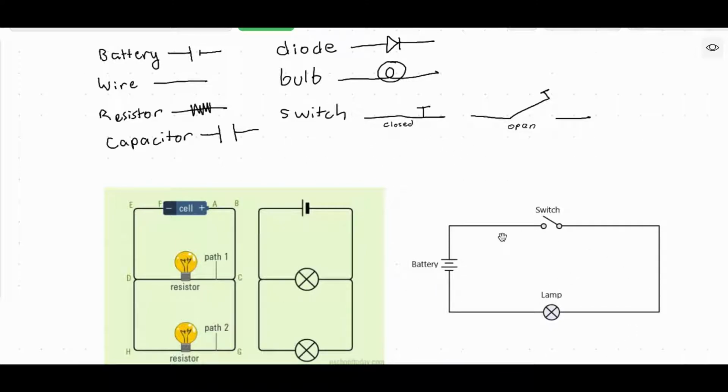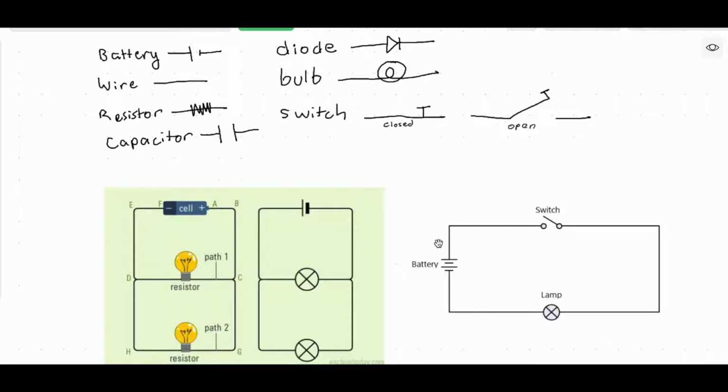Now over here on the right, we have what is called a series circuit. So the battery here is going to add the charge, and say it's going in this direction. It's going to go light up this lamp and come around, but the switch is in the open position, so the electrons cannot flow and complete the circuit.